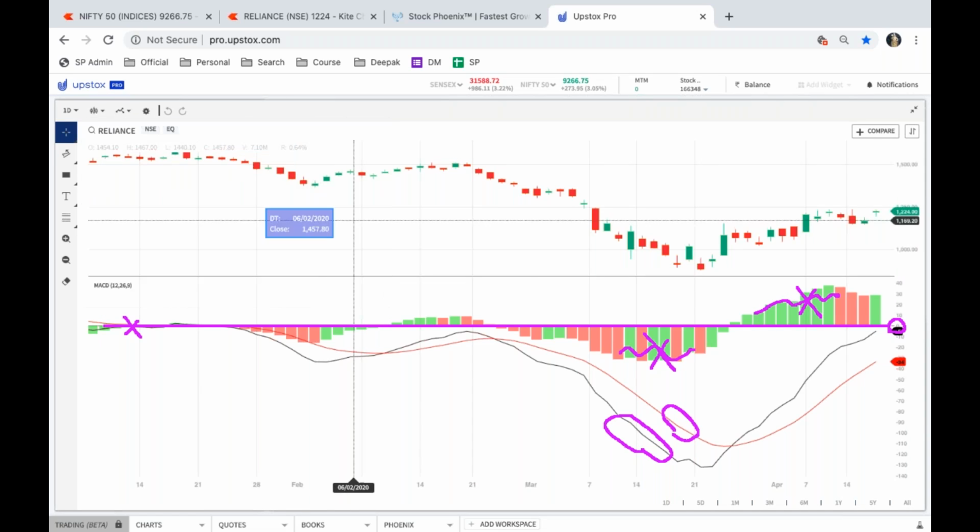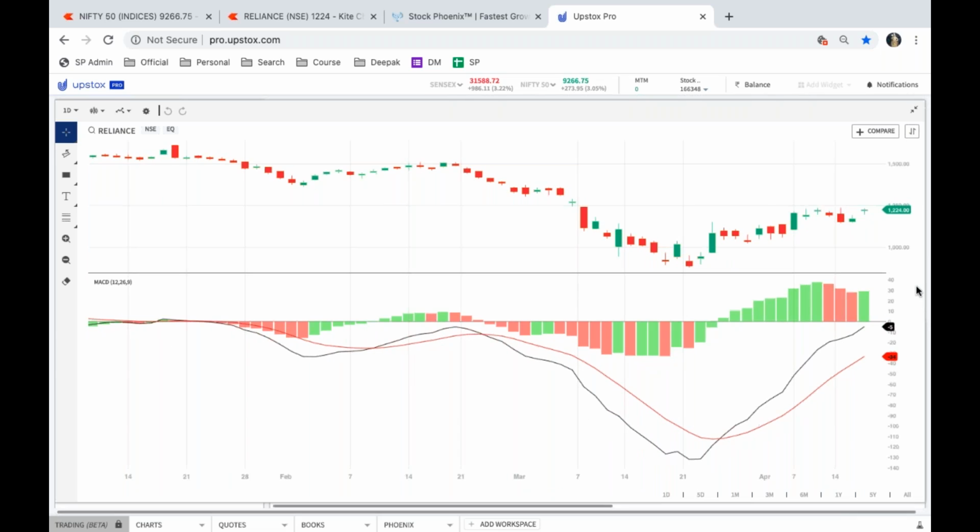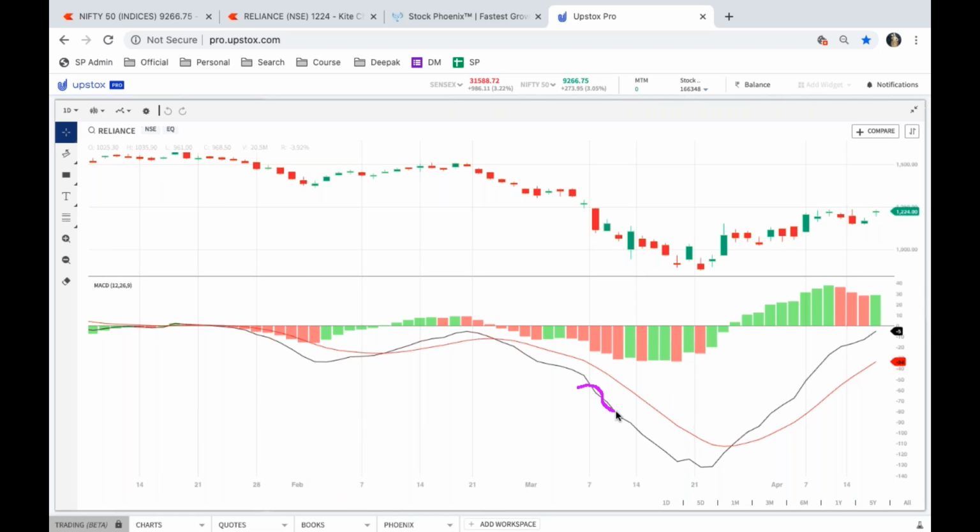Black line is the MACD line, and the red line is the signal line. Out of these indicators in the MACD, we require only these two lines. Nothing else is required. We will be monitoring only these two lines.